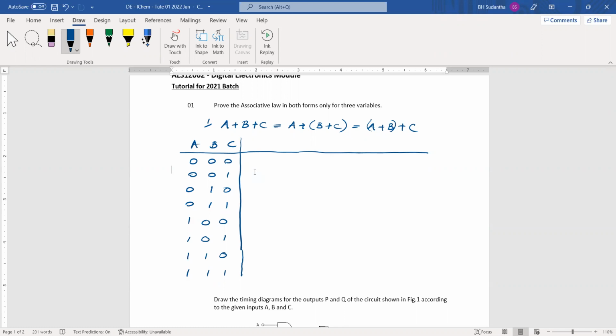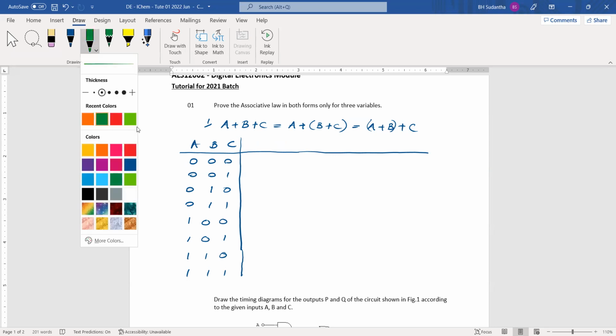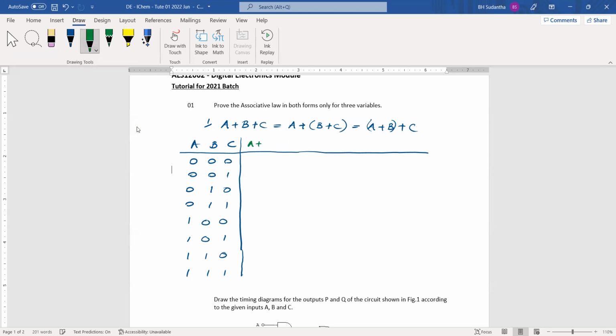Okay, then here we can prepare this table, and we have to find this one, the A plus B plus C column. And we can make this one. This is 0 here.